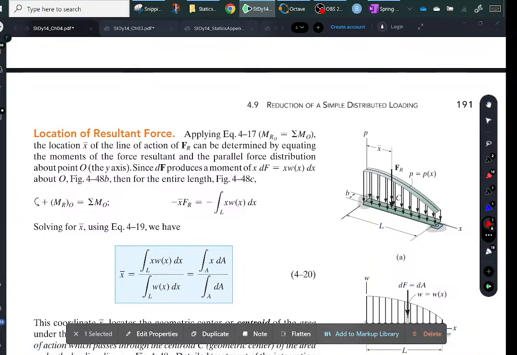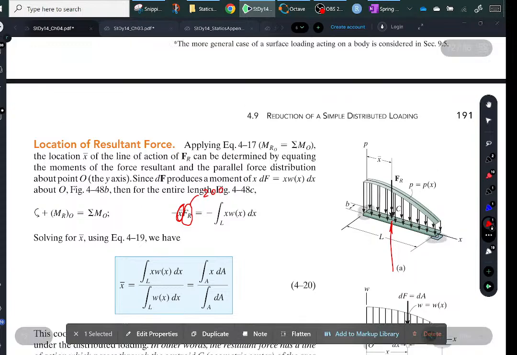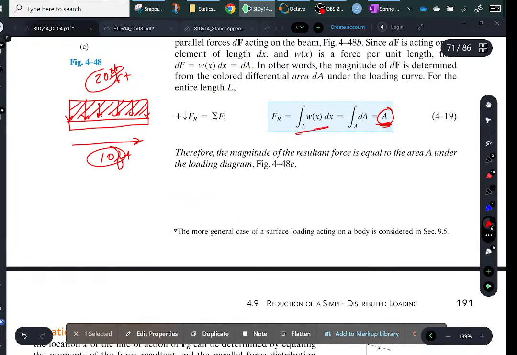How do you find the location? Well, now that I've found the load, in our case back there say 200, I want to find the distance out there to where, if I put my finger underneath it, I would balance it. So you take the load itself and a little moment arm out there.